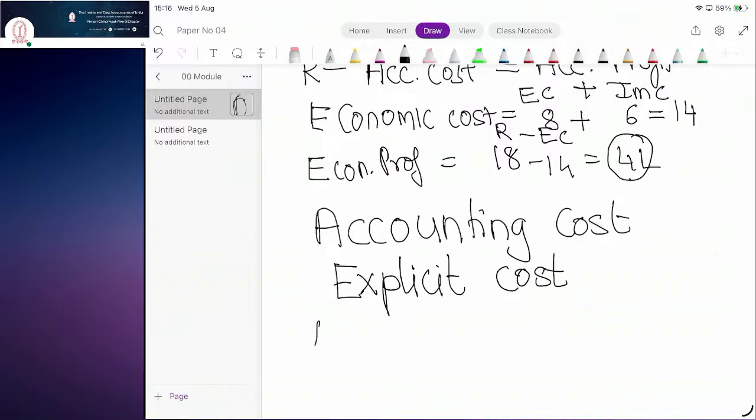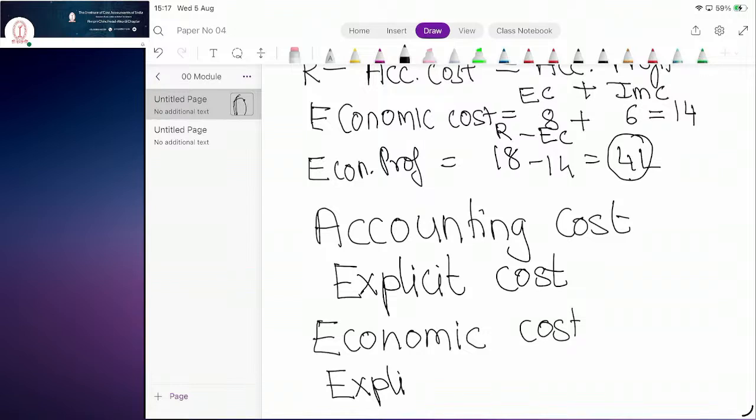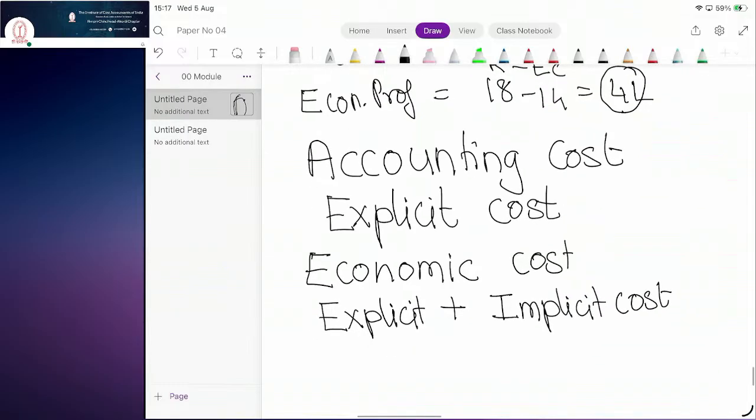Correct? You have economic cost, which is explicit cost plus implicit cost. Implicit cost means it is a cost but which doesn't lead to any money outflow. Okay, have you got these terms?